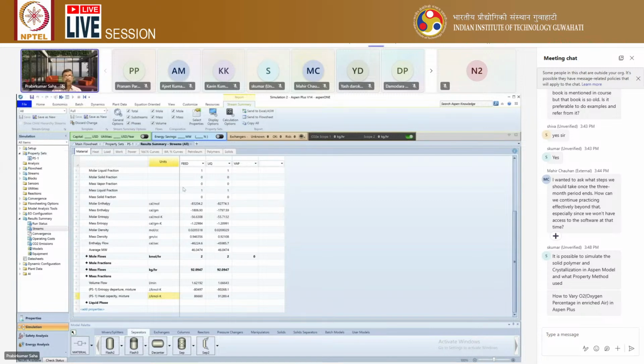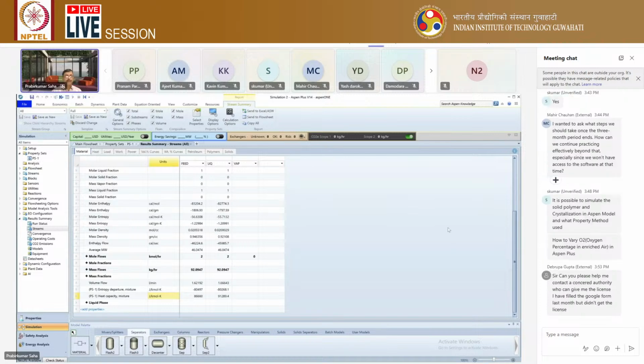Because this property set is defined over there, so you have to just call that property set and put the values over there. That is what I have asked in the assignment. I hope you have understood it.